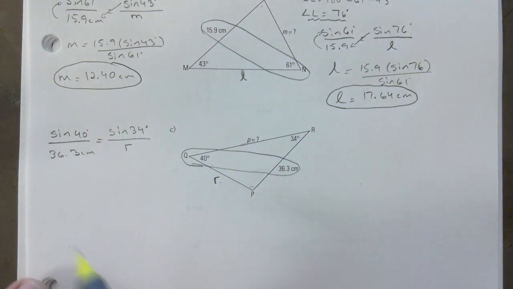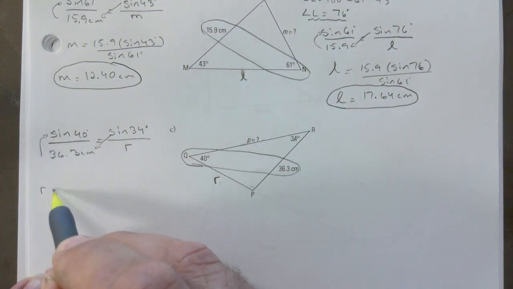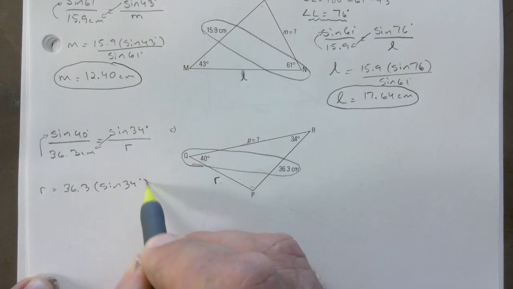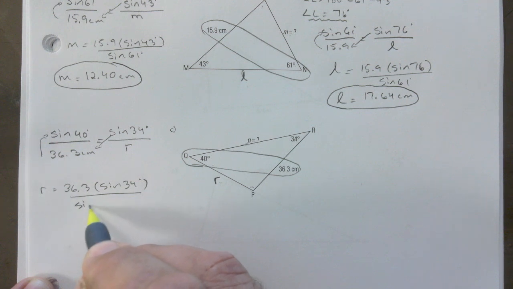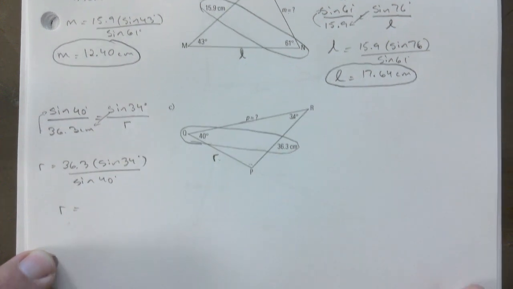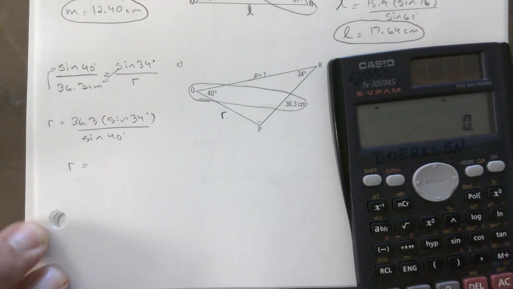Okay? So you cross multiply and divide. 36.3 times sine of 34 divided by sine of 40. And you run that through your calculator, and you get, I think this one I haven't done on my key here.